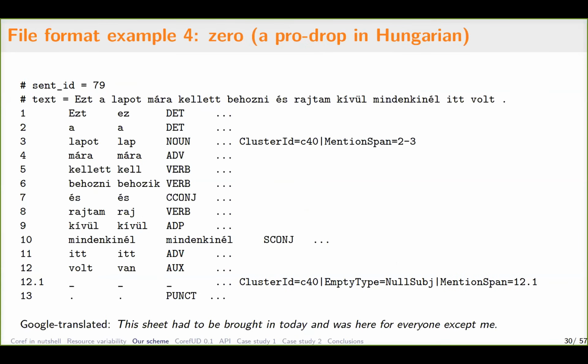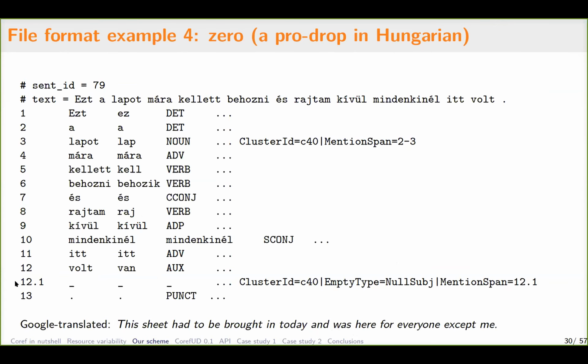Well, as I mentioned, in some languages, zero mentions are important. So this time it's an example from Hungarian. And well, I will not try to read it in Hungarian, but the translation is roughly as follows: this sheet had to be brought in today and was here for everyone. So it's the sheet that was here.